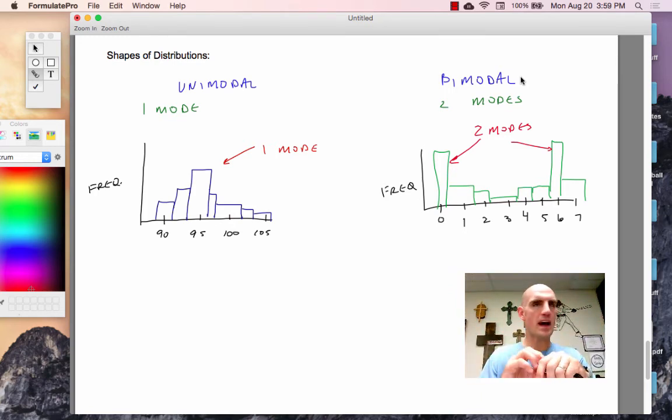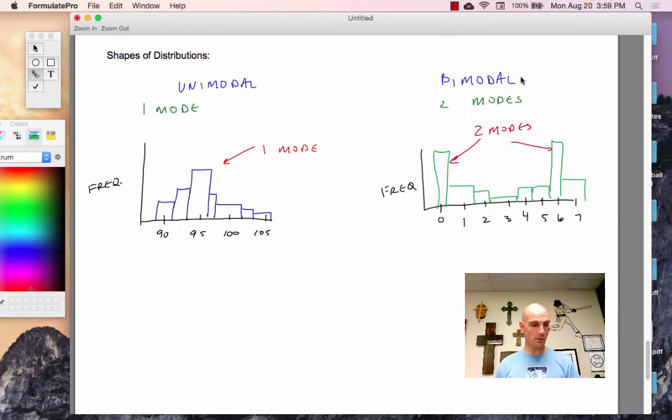I might have a data set that has males and females as part of it, and maybe the males and the females have very distinct areas in that data, right? Or I might have two classes of students, and one is predominantly sophomores, one is predominantly juniors, and they fall into two distinct categories.